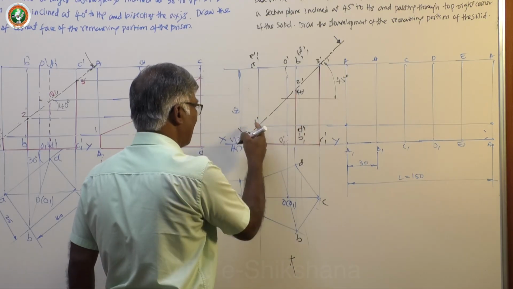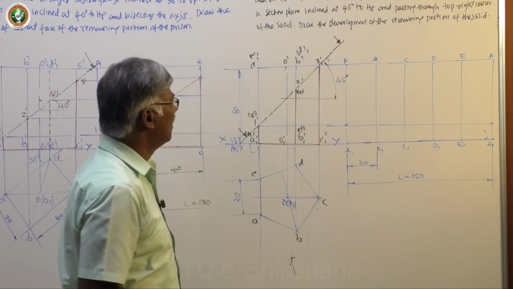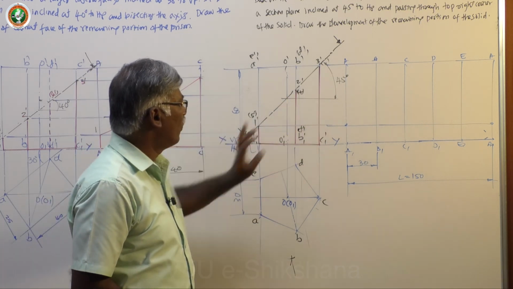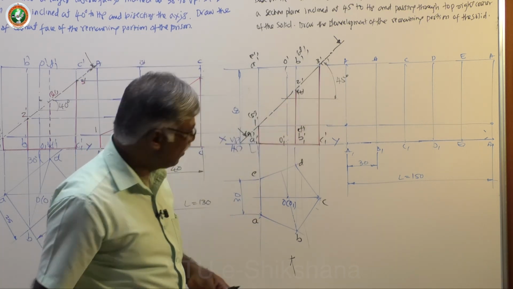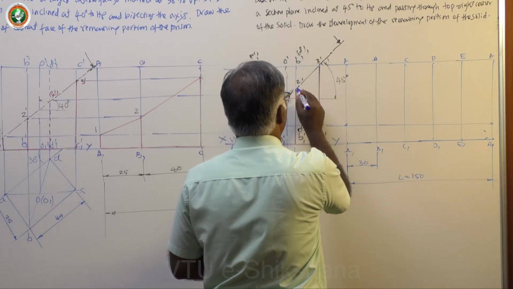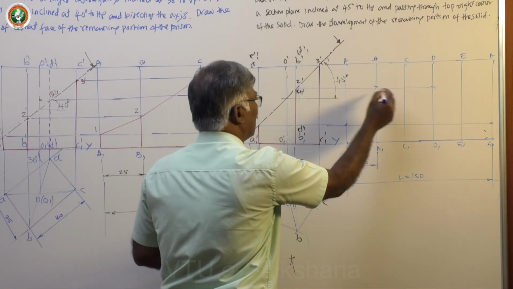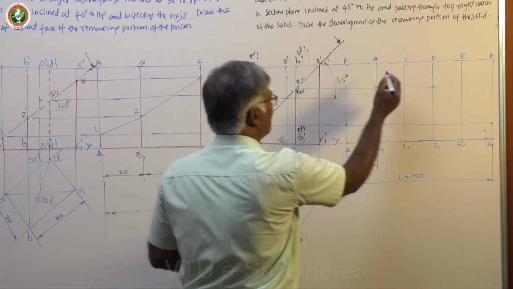Here there are 2 points. Here there are 2 points, A1 and E1, 5 dash. 1, 2, 3, 4, 5. Then as usual project these points. So this must be projected on B and D, up to B and D. Here is the point, here is the point. Next, 3 is this only.